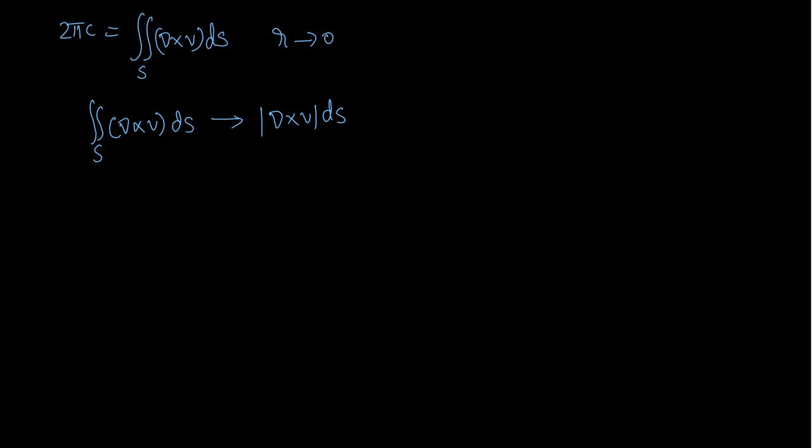So from these two equations, 2 pi c is nothing but the magnitude of the curl of the velocity times the small element. So the magnitude of the curl, that is the magnitude of vorticity, is 2 pi c by ds.